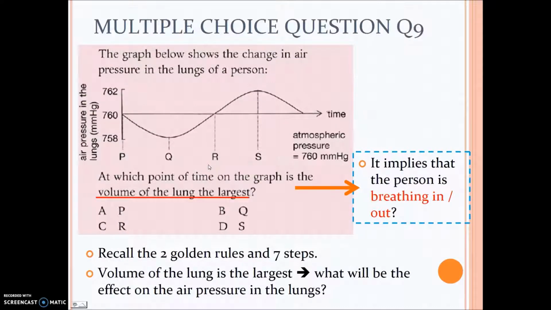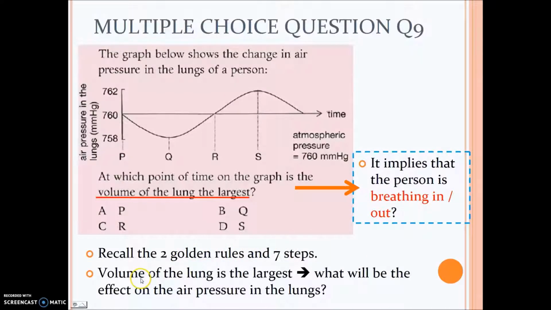For question 9, a very similar graph, 706, lower or higher than the atmospheric pressure. At which point of time on the graph is the volume of the lungs the largest? So it implies the person is breathing in or out, and you need to apply 2 + 7 as well.